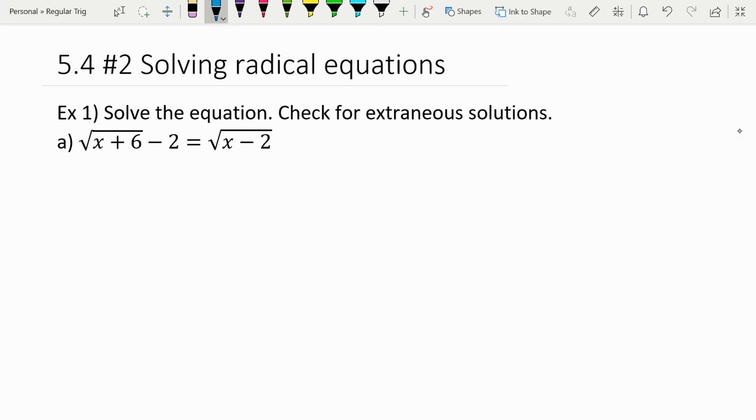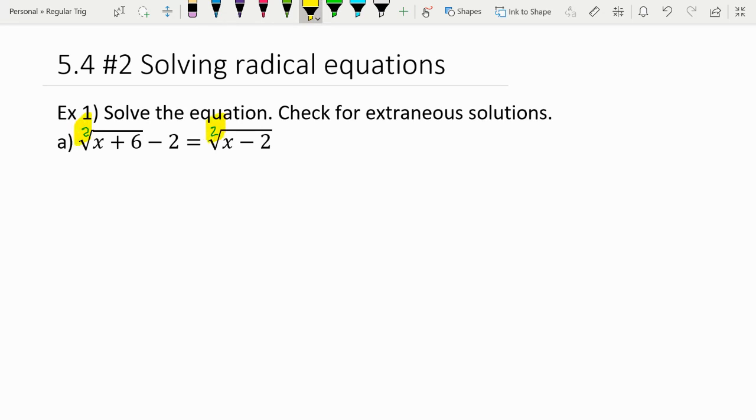Since there's no index, there's an index of two sitting there. All right, let's make it look like a two. So remember, when there's no index there, square root, think of two.